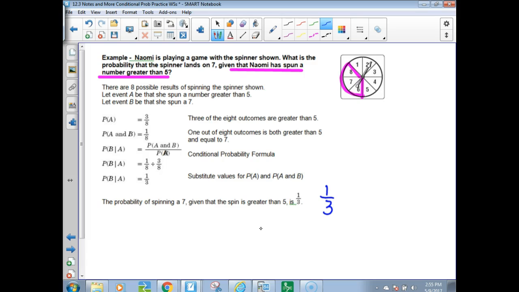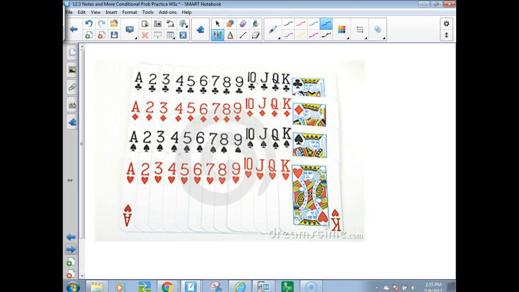I think it's much easier, the way we've discussed it, to look at the last part. The probability of spinning a 7, given that the spin is greater than 5, is to look at the part that's given and then find the probability of doing the first thing. We'll do some examples to try to understand where all that comes from.